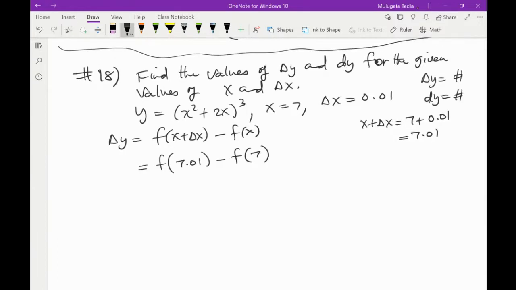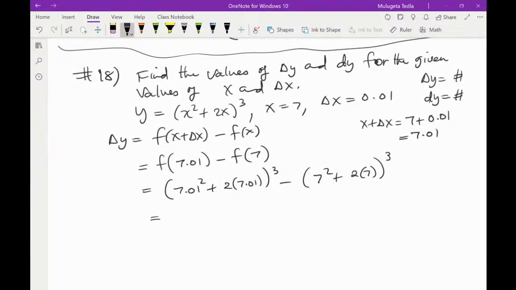So this is like 7.01 squared plus 2 times 7.01 cubed, minus 7 squared plus 2 times 7 cubed. There is no calculus so far.